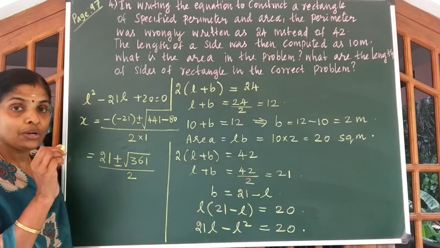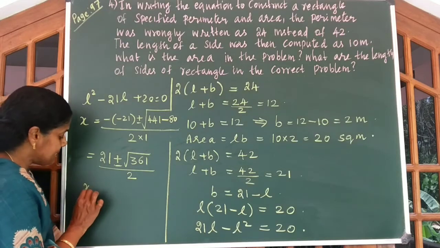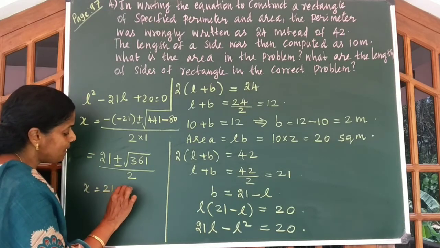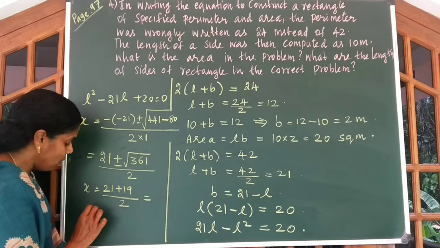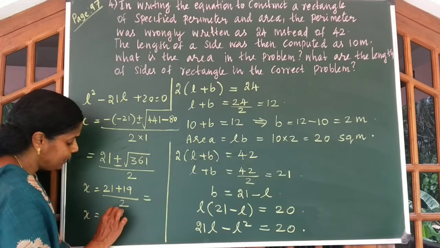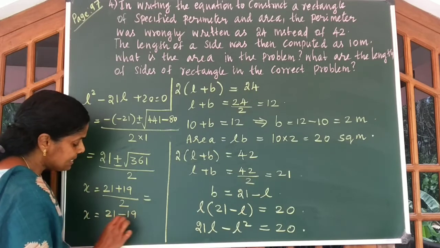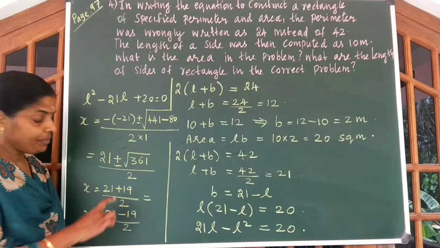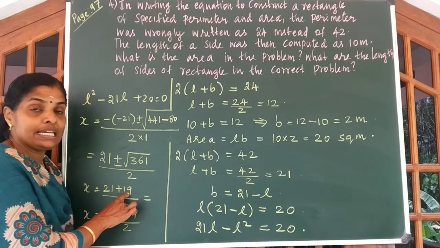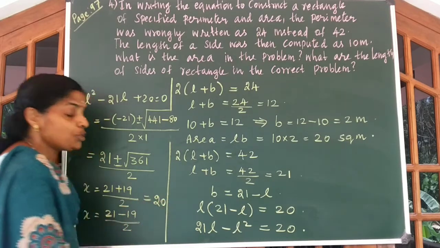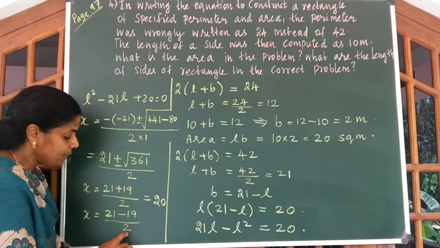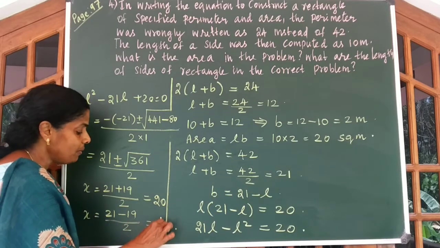So we get two solutions, that is x is equal to 21 plus 19 by 2, and also x is equal to 21 minus 19 by 2. 21 plus 19 gives you 40. 40 by 2 is equal to 20. And here you get 2 by 2, which is equal to 1.